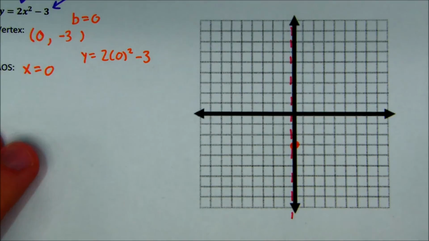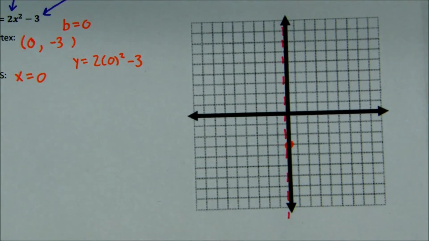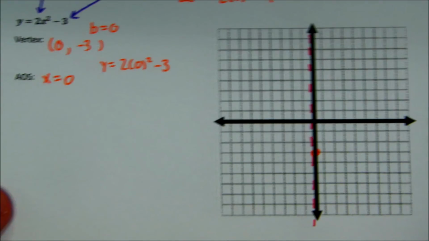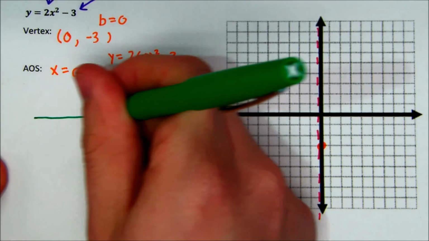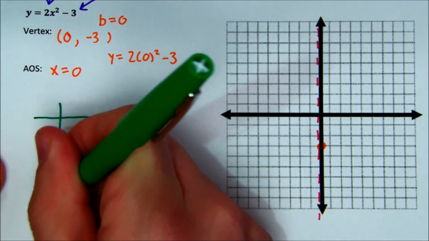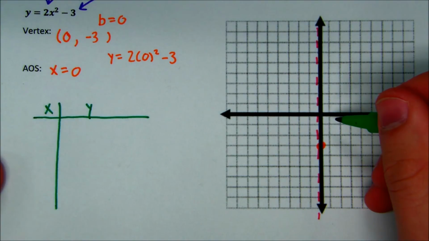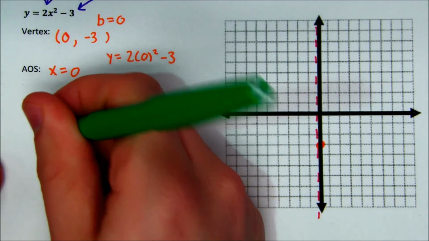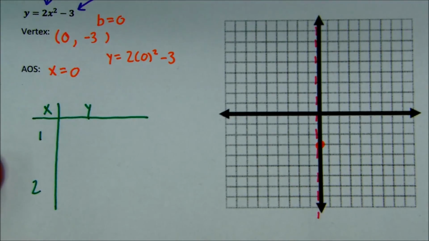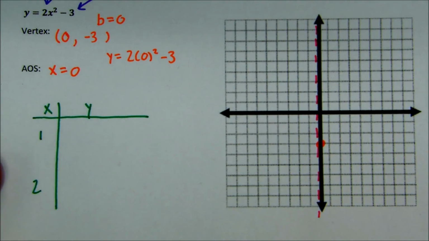Now we continue going with the table, like last problem. So let's see, I'll make a table. X, Y, and so I'm going to pick two x's that are close to 0. I'm going to pick 1 and 2 just because they're close, they're easy to work with, and hopefully will save me some time. So let's see, I'm going to plug in.